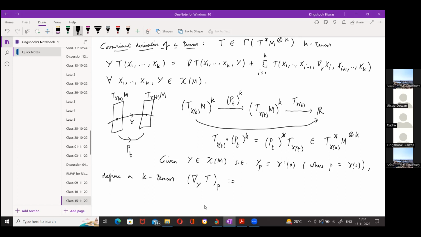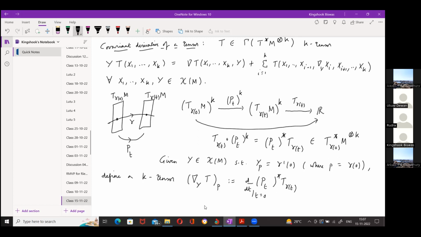This is defined to be d/dt at t equal to 0 of P_t star of T gamma t.